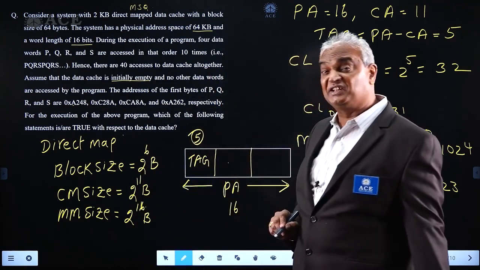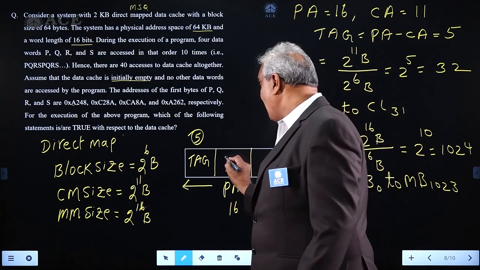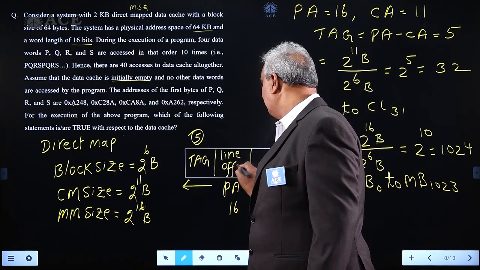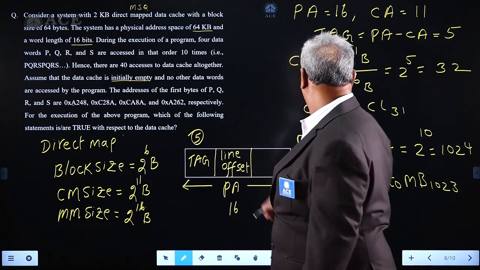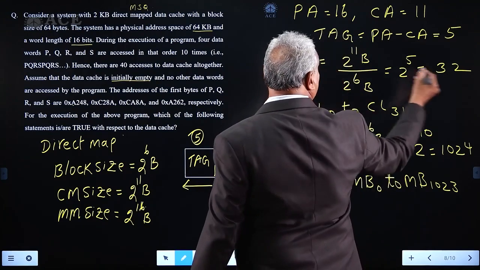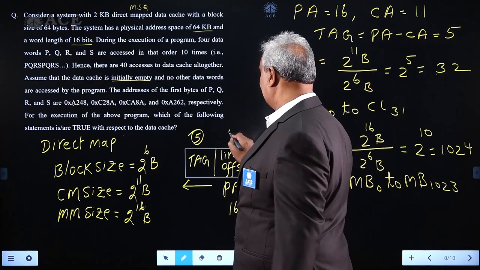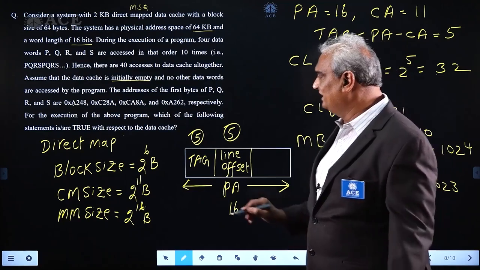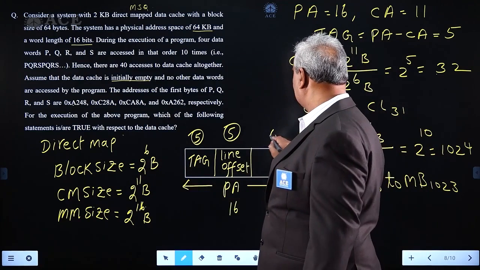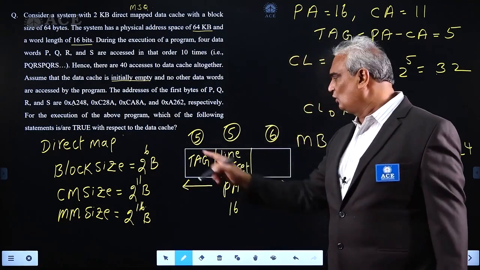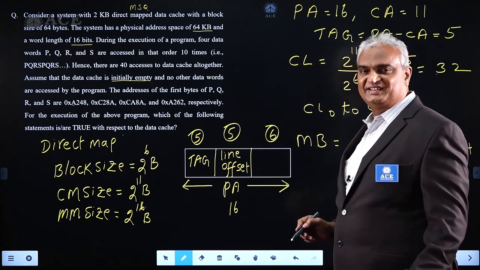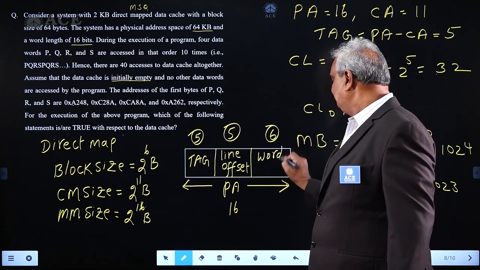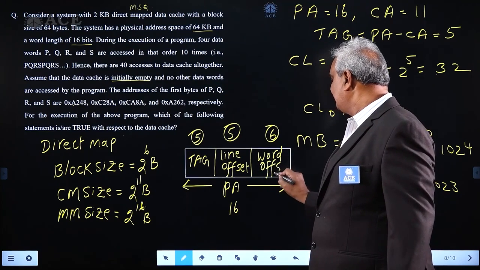Next is the cache line offset, CL offset, line offset. Offset means address. How many bits are required for this? Since cache memory has 32 blocks, again 5 bits. How many bytes are available in each block? 2 power 6, that's why its size is 6 bits. So total size is 16 bits. This is the word offset, meaning word address.